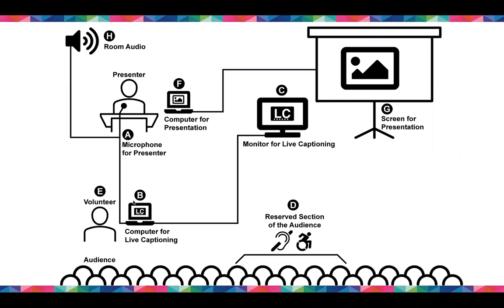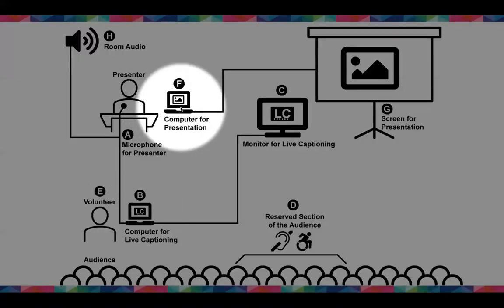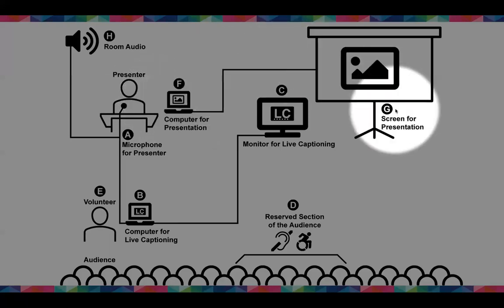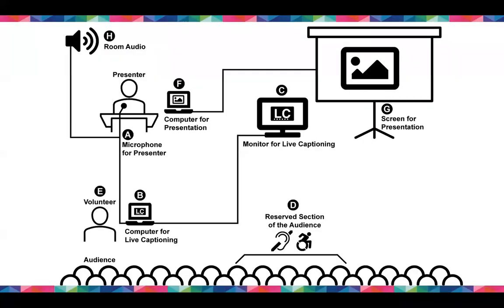Next, I'm going to go to F, which is the computer for the presenter. I have this on here just to point out that the presenter is actually going to be presenting slides that are going to be broadcast over here to G, which is the screen for the presentation. But you'll notice that there is no connection or need to connect their computer with the live captioning, because again, we're just converting the speech to text.